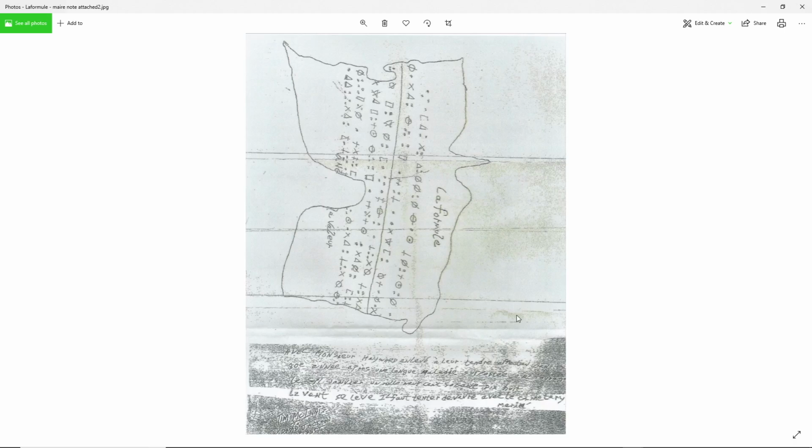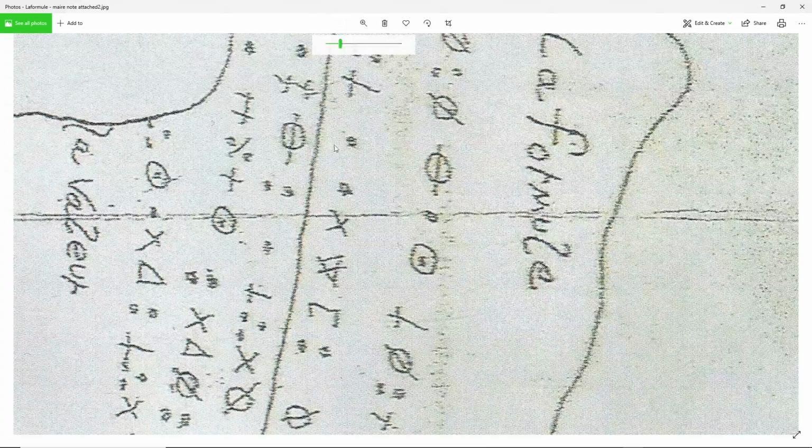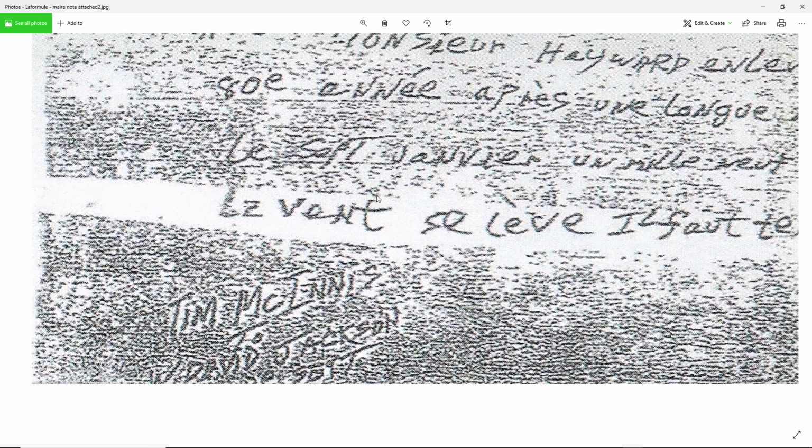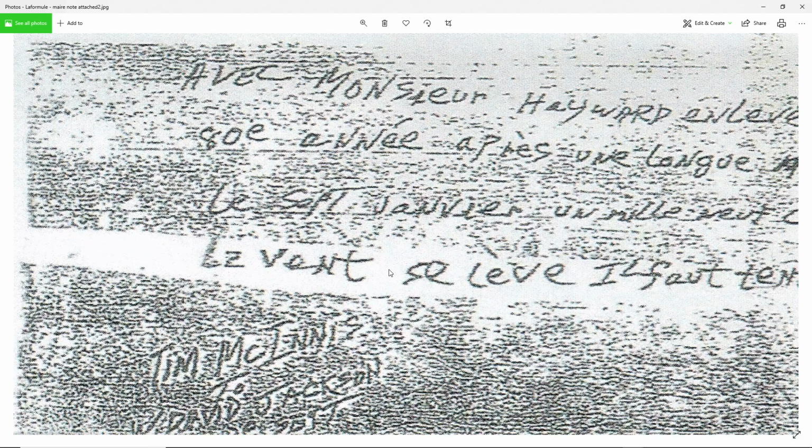See, Don Rue acquired a book from this man down here, William Jackson. William Jackson died in 2000, and William Jackson apparently got this document from Tim McGinnis. Tim McGinnis to William Jackson.